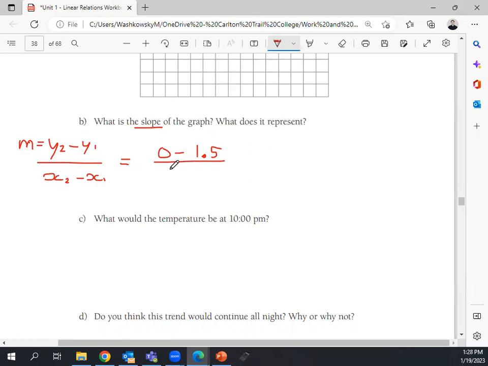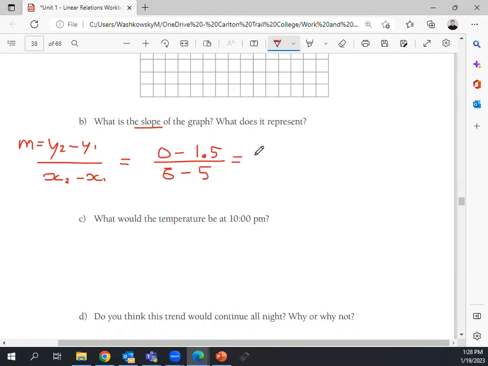So now I'm going to go, it is 6 p.m. minus 5 p.m., 6 minus 5. Now, if you did negatives up here, that works. You just need to be really careful with those negatives and how you put that in your calculator if you're not 100% sure on how that works out.